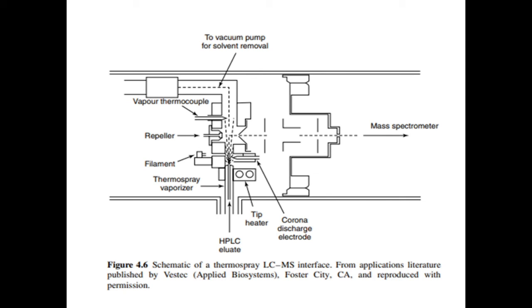Fragmentation occurs because the repeller voltage increases the kinetic energy of the ions, not only making collision induced dissociation, that is CID, more likely, but also allowing endothermic ion molecule and solvent switching reactions to occur.